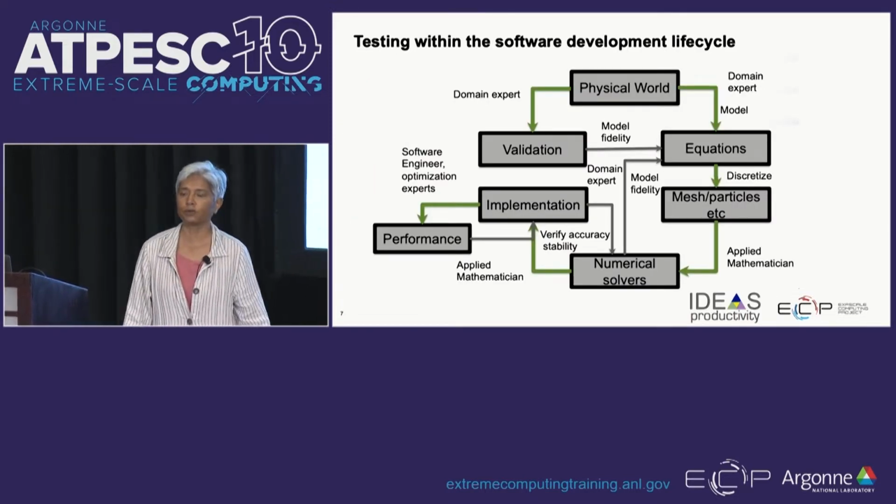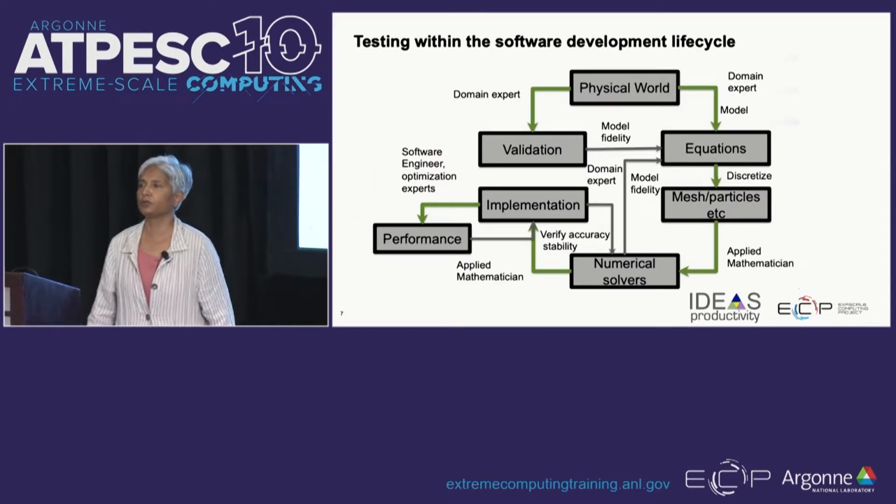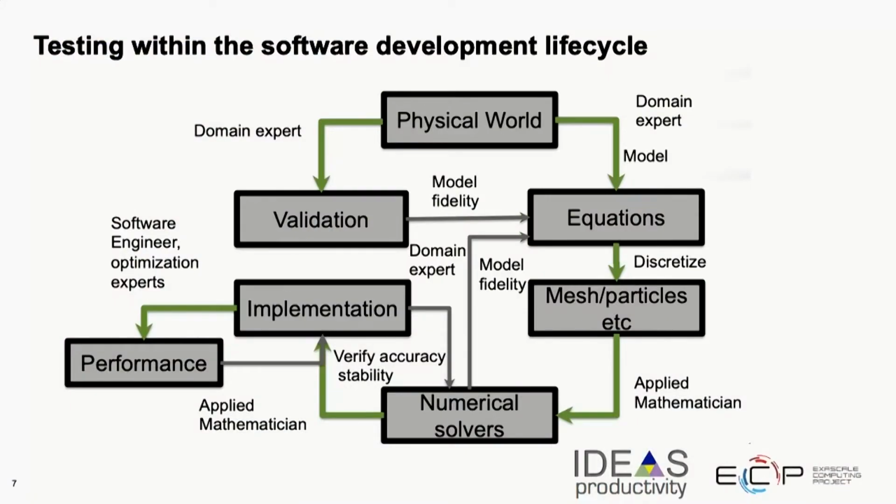So, within the software development cycle, you may need to do different types of testing. This is a general model of what the software development life cycle will look like in scientific computing, where your typical situation is that there is the physical world around you and you got interested in some phenomena within that physical world that you want to model and understand better.